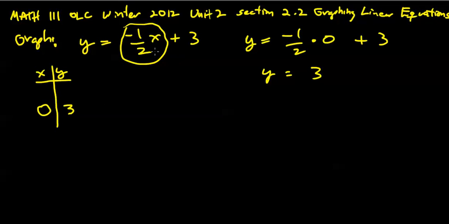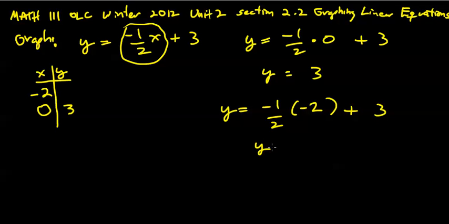Alright, let me pick another multiple of 2. Let's say minus 2. If I plug in that value for x, well, I know that minus 1/2 times minus 2 is going to give me positive 1. And, of course, 1 plus 3 is 4. So when x is minus 2 in this equation, y has to be 4.